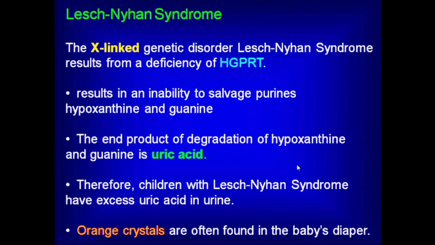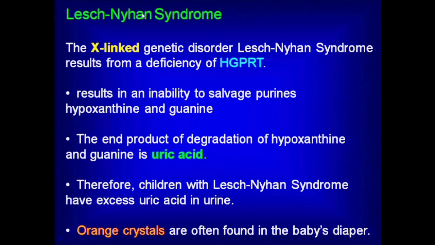Some of these crystals will be found in the diapers as orange crystals in the urine, and they can also make their way to synovial fluids in the joints, and create a sort of arthritic pain due to the hyperuricemia.